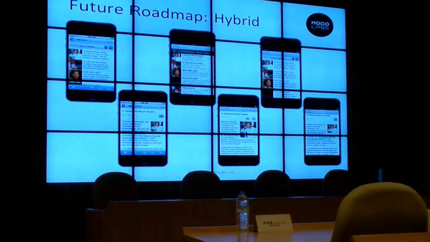What you're looking at on the left-hand side is the mobile web version of the news module. The one in the middle is the native, in this case, iOS version. What you're looking at on the right is a combination of the two.